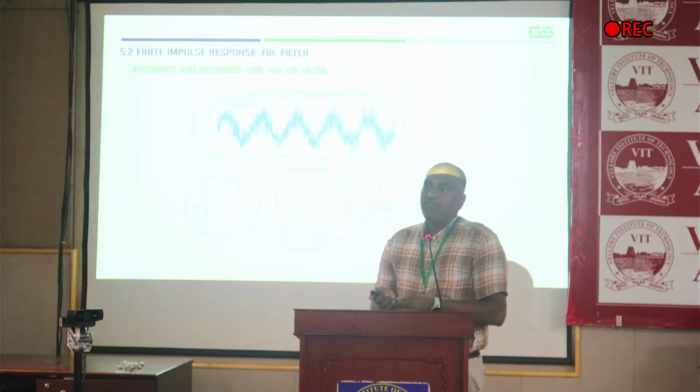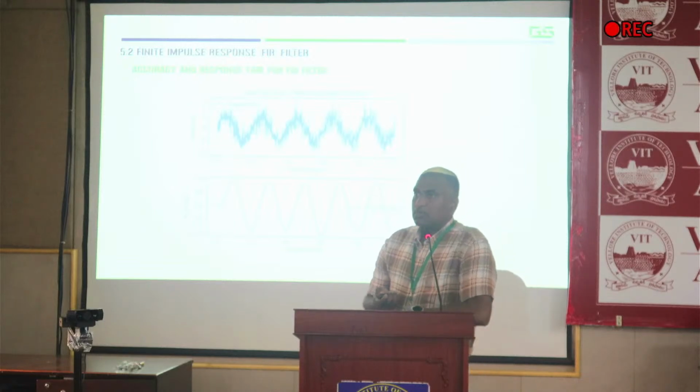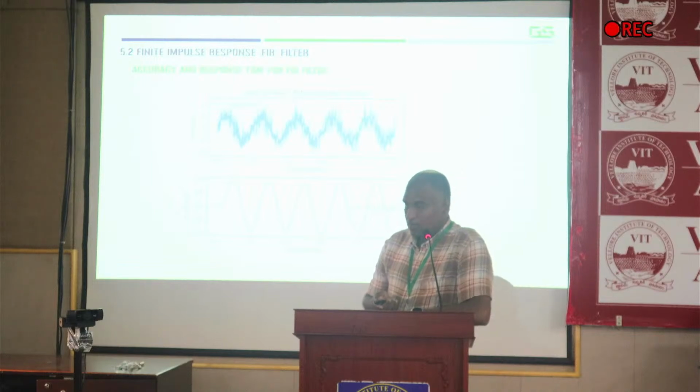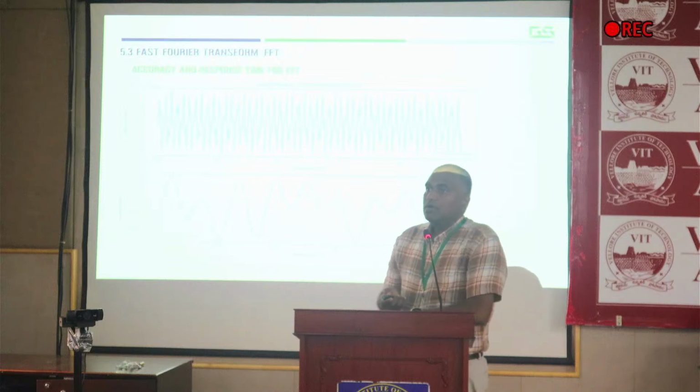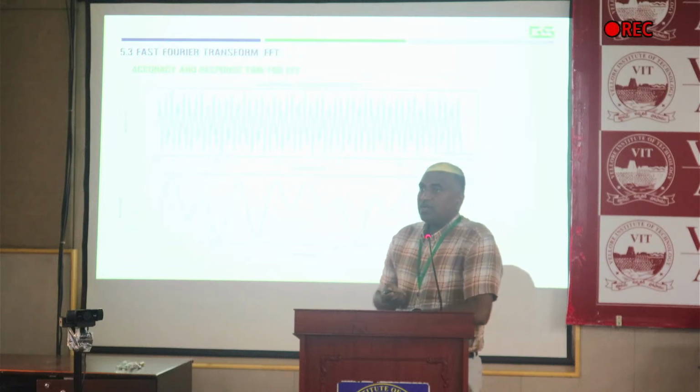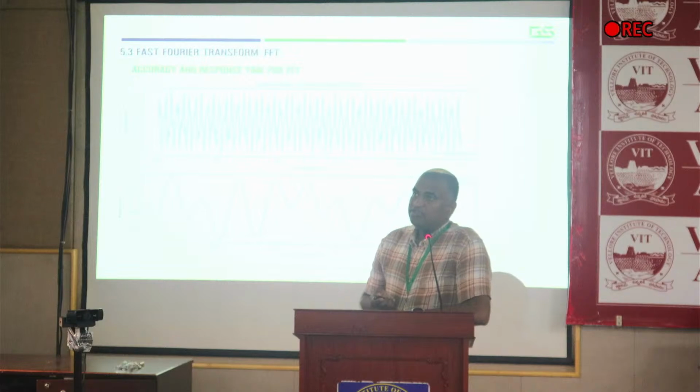This is the FIR filter, the finite impulse response filter. If you see, this is the noisy data, and by using the filter, we get this kind of signal. This is the fast Fourier transform.